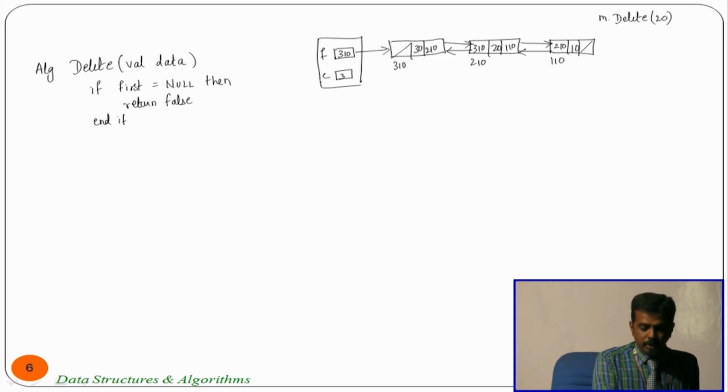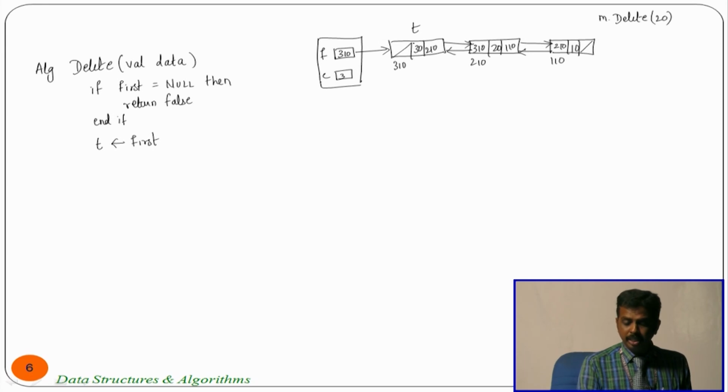So here you need to do the search first. I need to introduce a variable t here, and t equal to the first node, and t needs to be moved until the end, till null. I have to check all the nodes. Suppose the data is not found, that is when t reaches null.